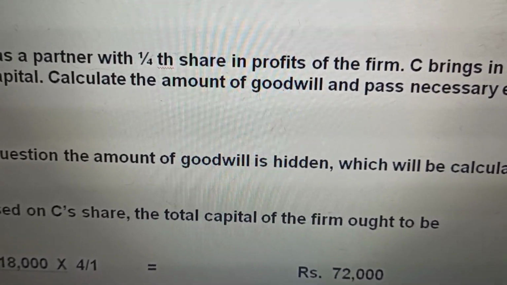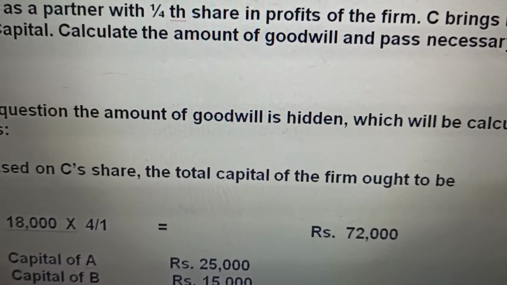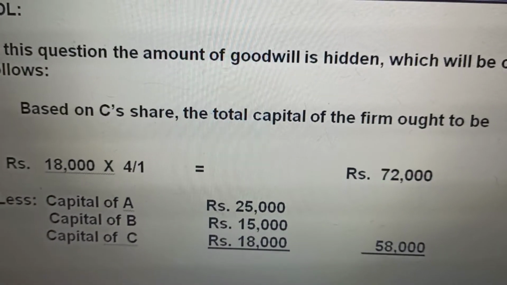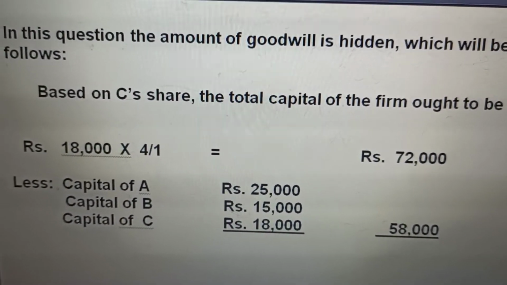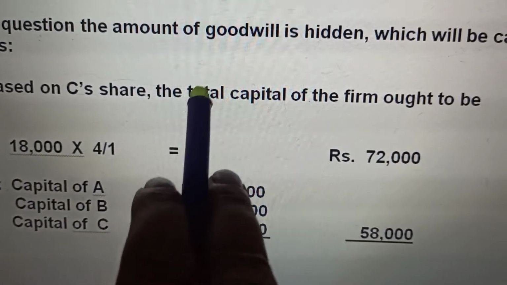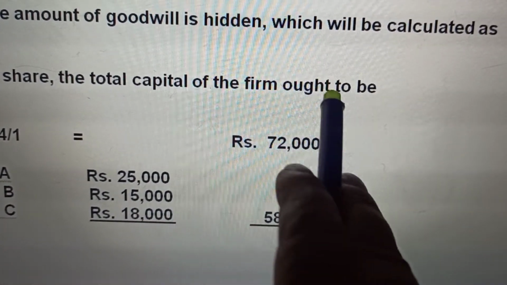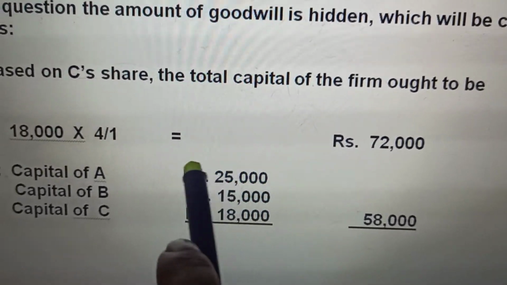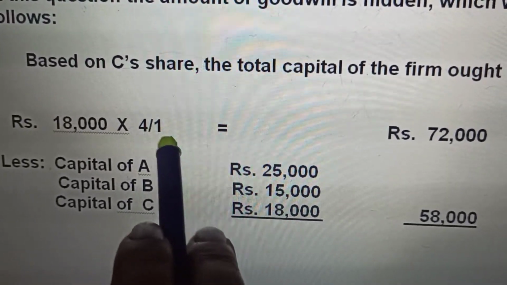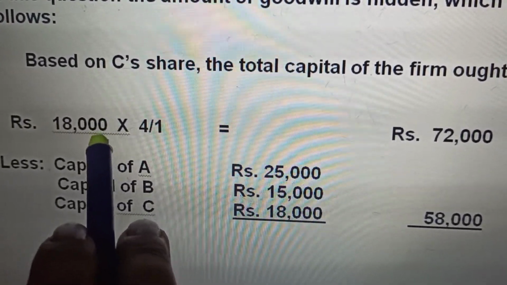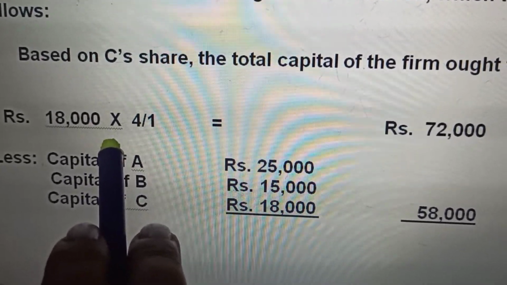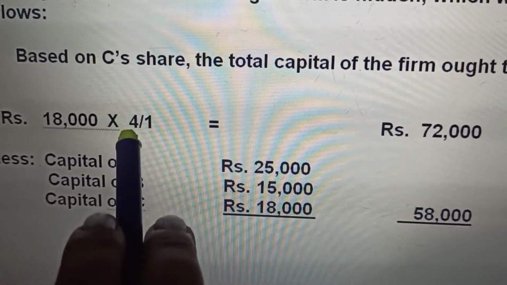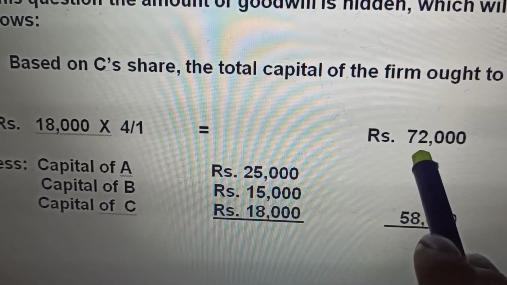So with C's capital and his share, we have to find out the goodwill of the new partner. Now in this question, the amount of goodwill is hidden, which will be calculated as follows: if for 1/4 share C brings 18,000, for the full share the firm's capital should be 18,000 into 4 by 1, that is 72,000.